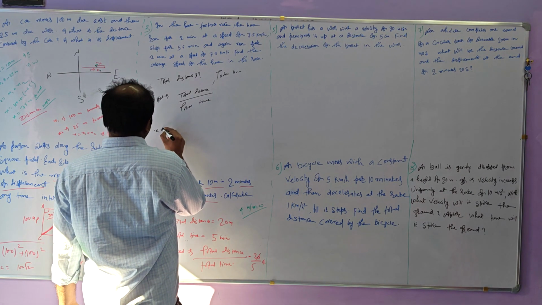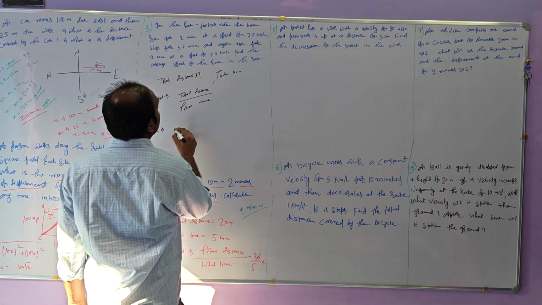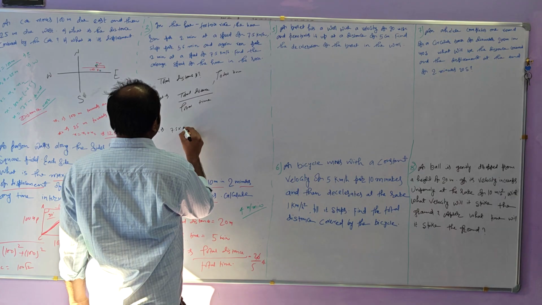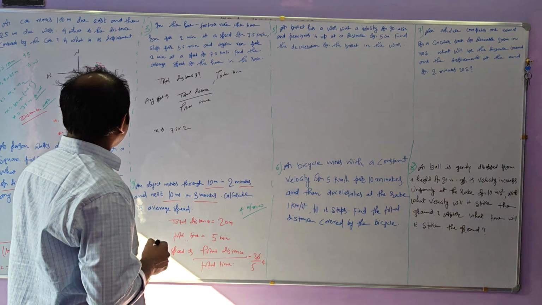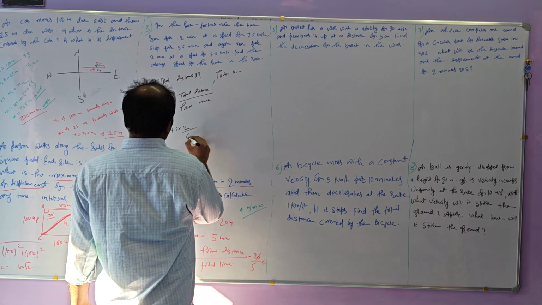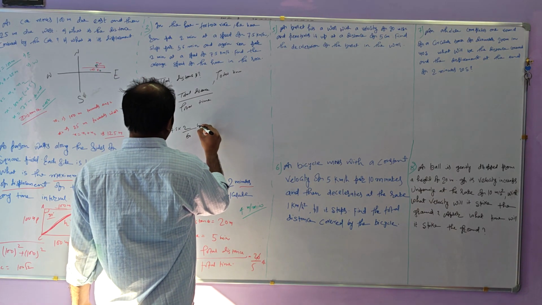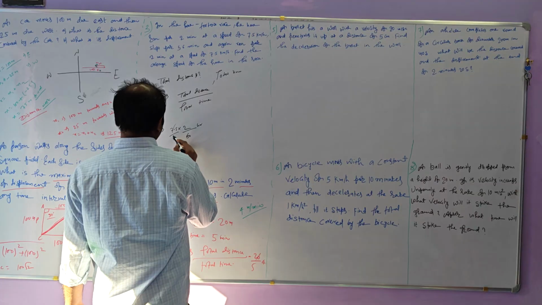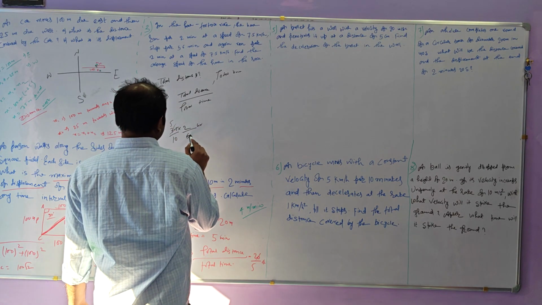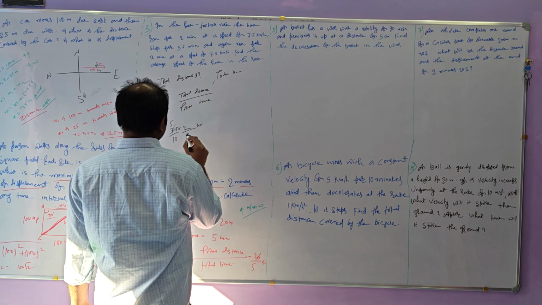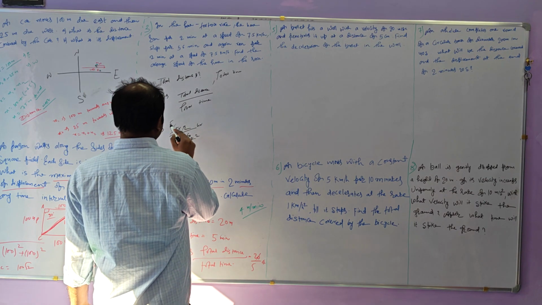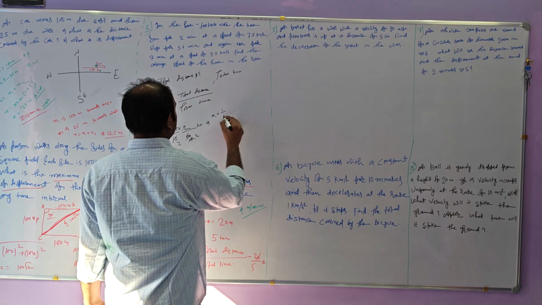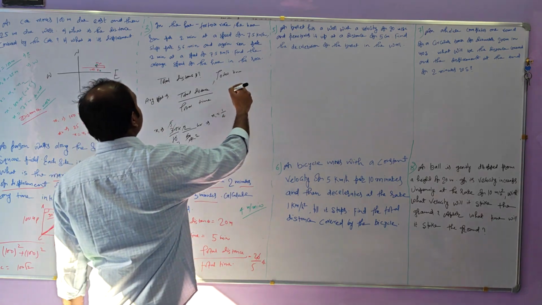So S1 is equal to distance, 7.5 into 2 upon 60. S1 is equal to 1 upon 4 kilometer.